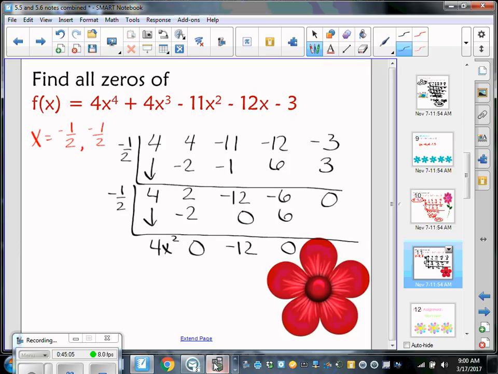So 4x squared plus 0x minus 12 equals 0. So really I have 4x squared minus 12. Good. Let's just move the 12. 4x squared equals 12. Divide by 4. X squared equals 3.